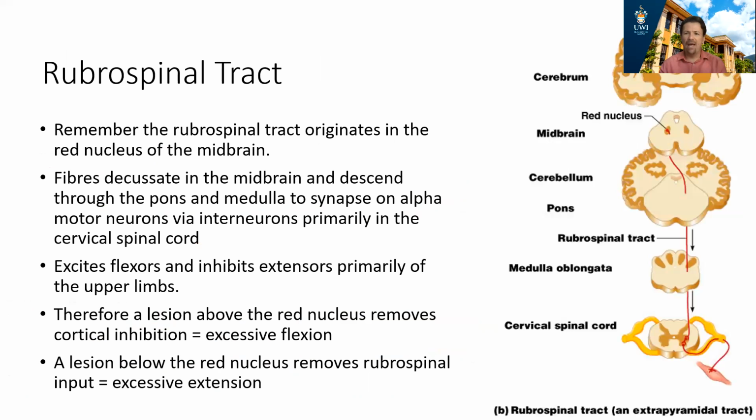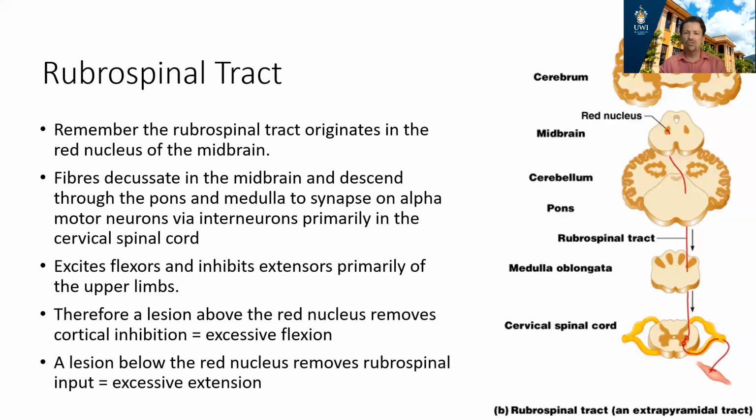Well, let's remind ourselves of the rubrospinal tract, which originates in the red nucleus and then synapses primarily on the alpha motor neurons in the cervical and the thoracic spinal cord. Now, this rubrospinal tract is basically excitatory to the flexor muscles of the upper limbs, and it inhibits the extensor muscles. Okay? So it excites the flexors and it inhibits the extensors.